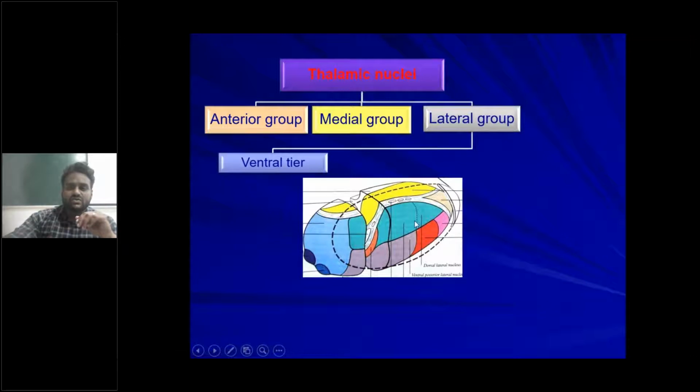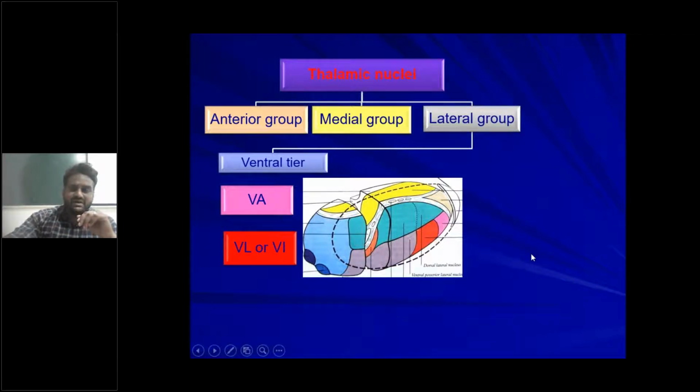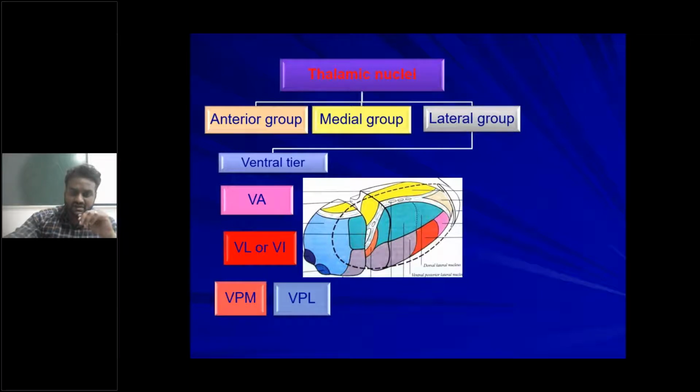The lateral group is made up of a number of nuclei, divided into two types: ventral and dorsal. Under the ventral, we can see the subnuclei: ventral anterior (VA), ventral lateral, ventral posteromedial, and ventral posterolateral.